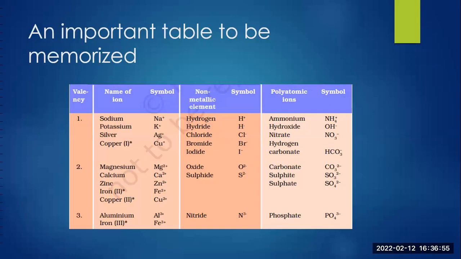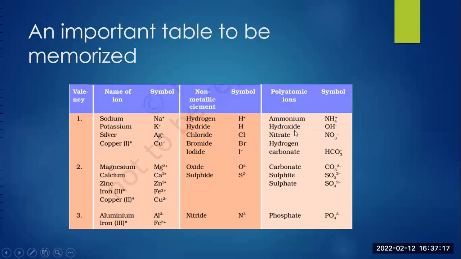Chlorine, bromine and iodine exhibit valency of 1-, and they are called chloride, bromide and iodide. Oxygen and sulfur exhibit valency of 2-, and they are called oxide and sulfide, whereas nitrogen exhibits 3- valency and is called nitride.